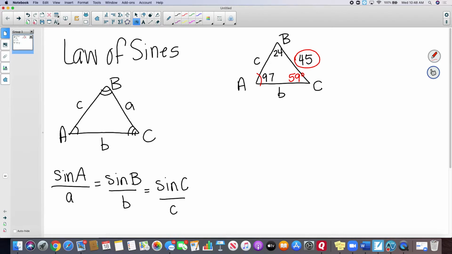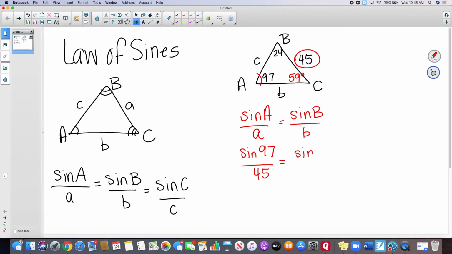So we say sine A over a equals sine B over b. You can solve for b or c; we're going to end up doing both. So sine 97 over 45 equals sine 24 over little b.